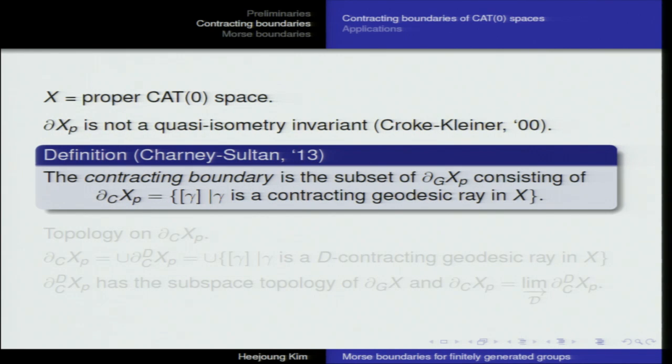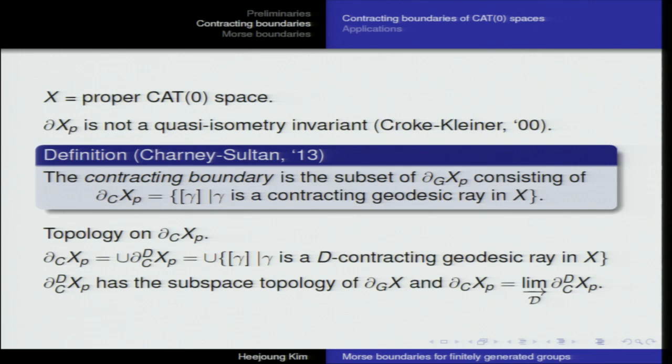meaning we just collect geodesic rays which have this property. And they gave the following topology.